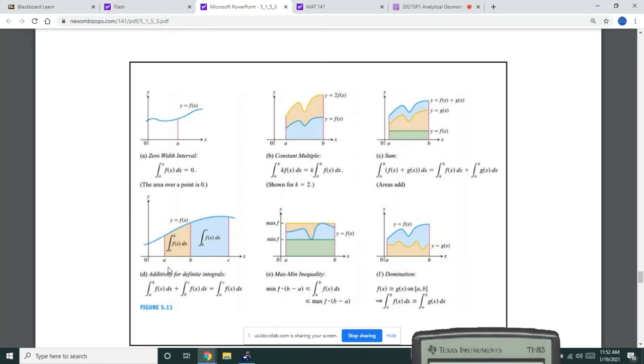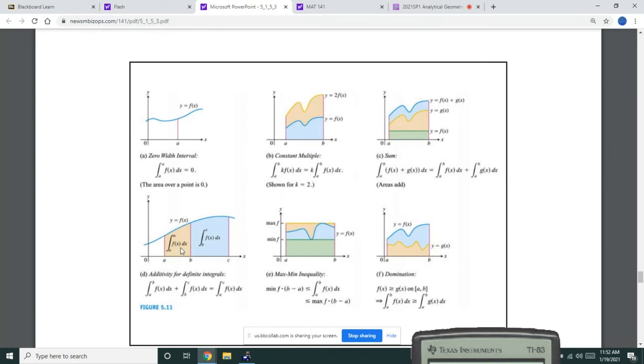So what this says is, if you were to add up this integral on the interval from a to b, that's the first part, plus the integral from b to c, that's the second part, that's going to equal the integral from a to c for your function f of x dx.